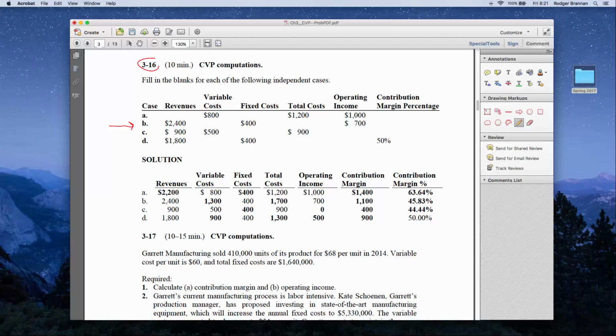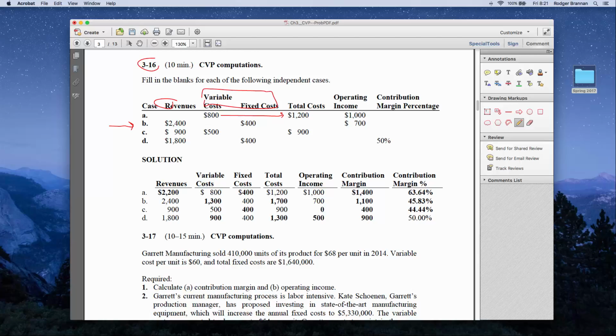Okay, problem number 16 is, I won't say it's simple, but it's a good example of looking at, certainly from your notes and others, what we mean by this definition of total revenues minus total cost equals operating income. Well, if total costs are equal to variable cost plus fixed cost, then it means that if my total costs are $1,200 and I know one part of that, $800, namely my variable cost, then I can plug in the difference of $400 as my fixed cost.